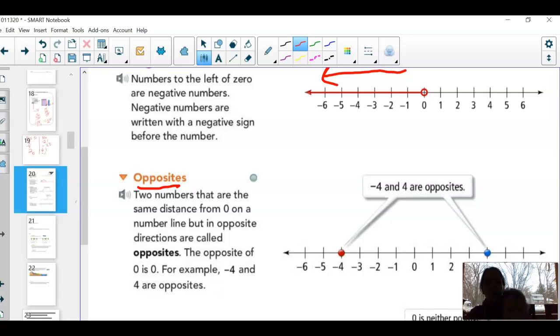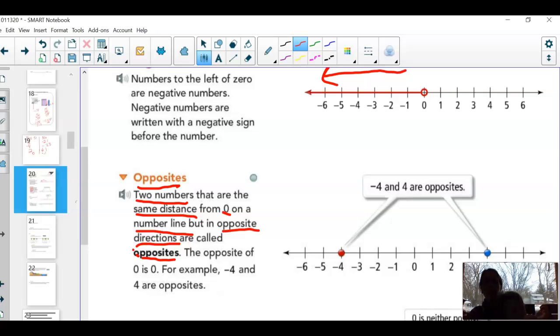So two numbers, dos números, that are the same distance, la misma distancia, from 0, on a number line, but in opposite directions, are called opposites. Y entonces, si yo tengo dos números que hay la misma distancia entre 0, pero hay a la otro lado de 0, estos son opuestos.